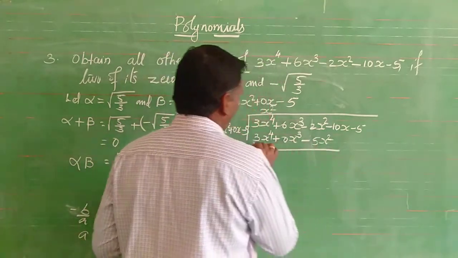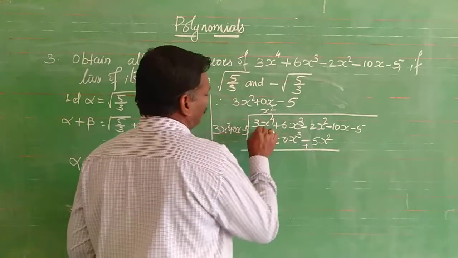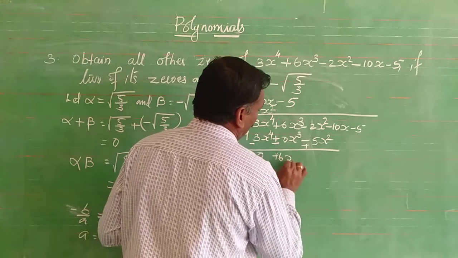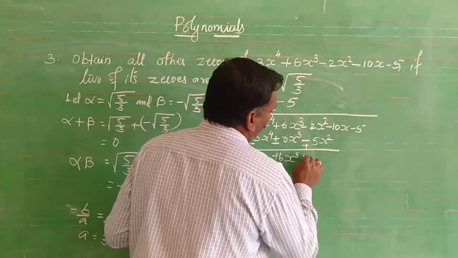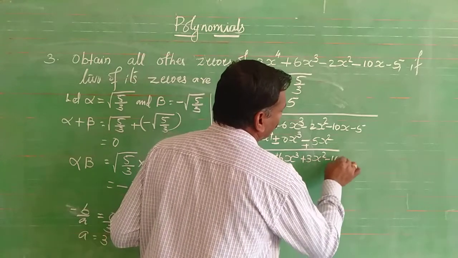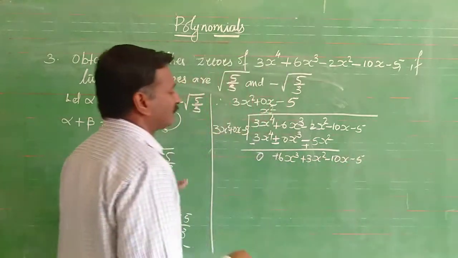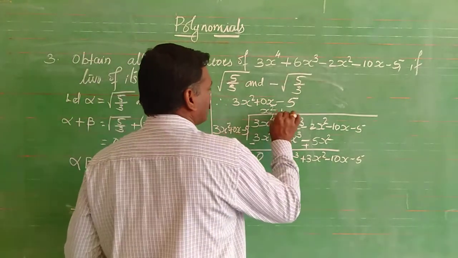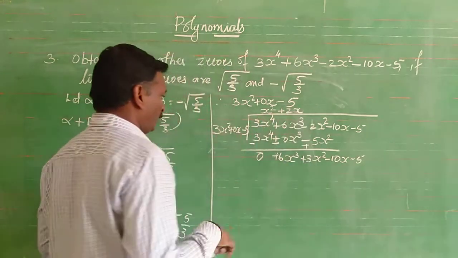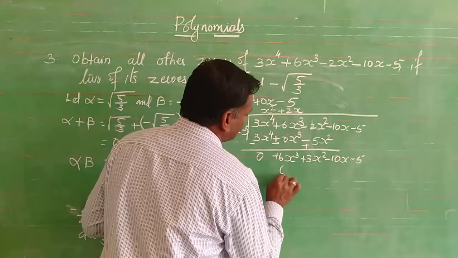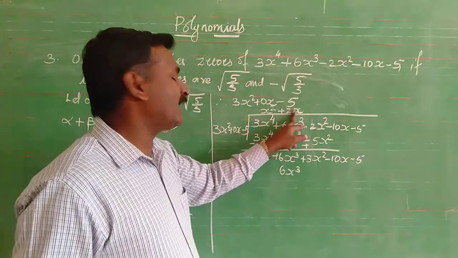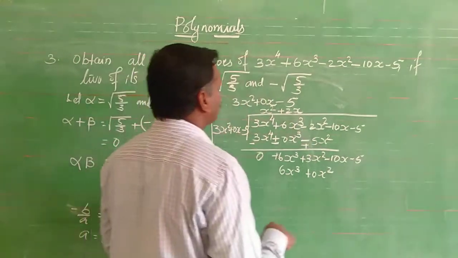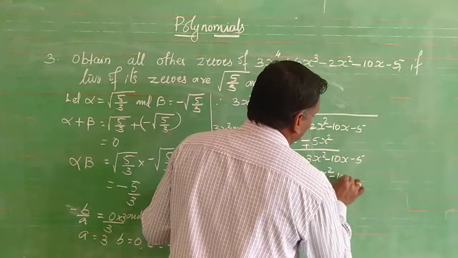Sign will change, minus plus, this will come 0 plus 6x cubed plus 3x squared minus 10x minus 5. Now we want to cancel 3x cubed, so we multiply plus 2x into 3x squared, that is 6x cubed, and 2x into 0x plus 0x squared, 2x into minus 5, that is minus 10x.